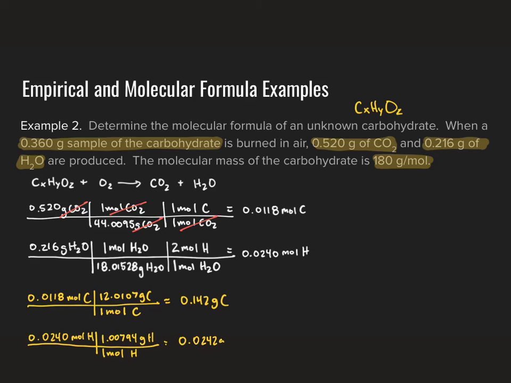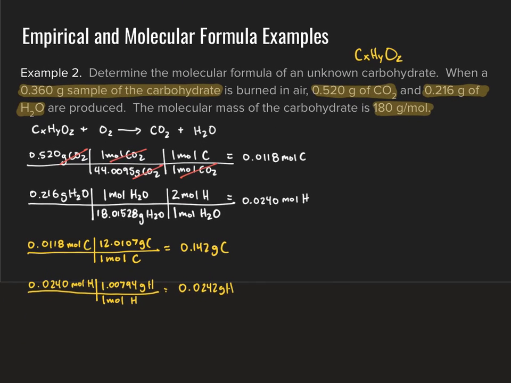And the reason why I need to know both moles and grams here is this. I don't know how much oxygen there was present in the air that ended up in my CO2 and my H2O. But I do know the initial mass of the carbohydrate sample that I burned. And I also happen to know the amount of that sample that was carbon and the amount that was hydrogen, because all of the carbon and hydrogen must have come from that carbohydrate sample.